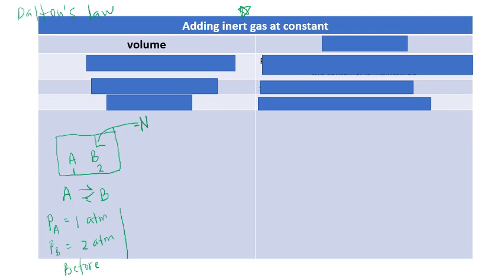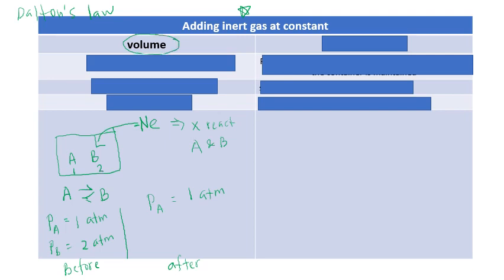Neon is an inert gas that will not react with gas A and B, which is related to Dalton's law. So the partial pressure of A will still remain as 1 atm because we just add the neon gas inside without disturbing the volume of the container.